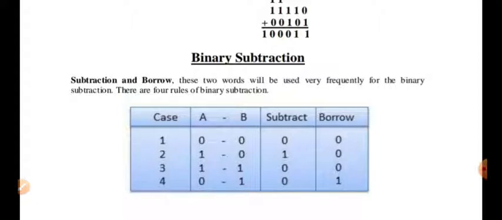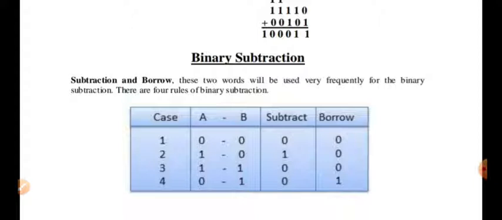In that case, it has to take 1 as borrow. And when you take borrow, then that number will give you a 0. So keep in mind.